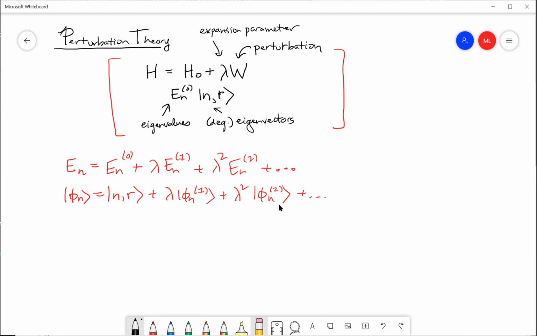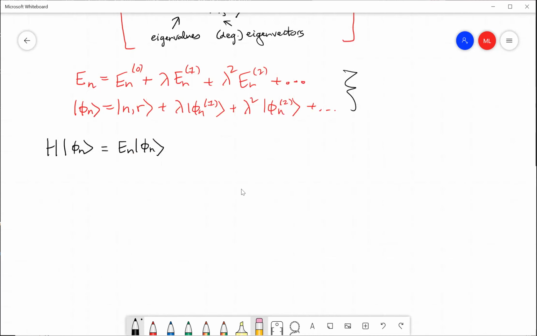You know that if you take your full Hamiltonian and act with it on the fully corrected state, then this is just going to be equal to the eigenvalue equation. So that's it. And then since you know that you need an approximation like this, you just go from there.